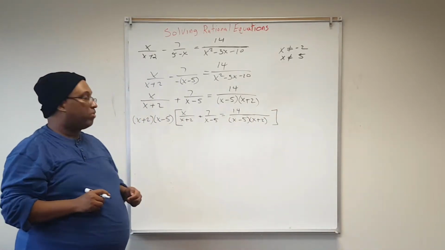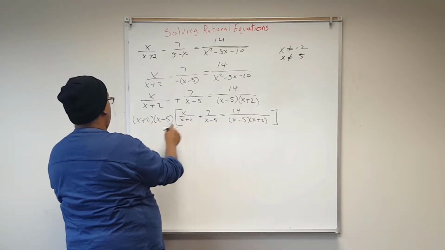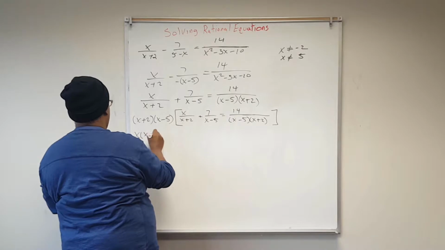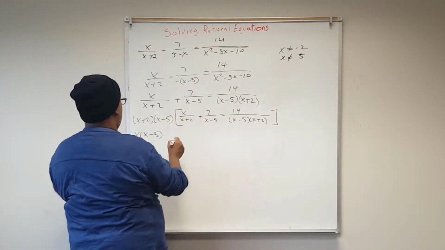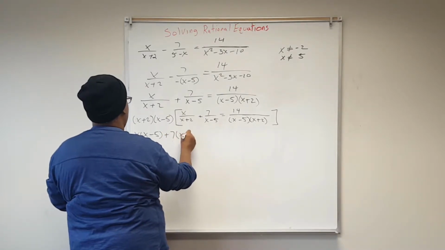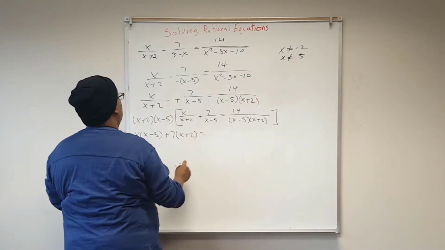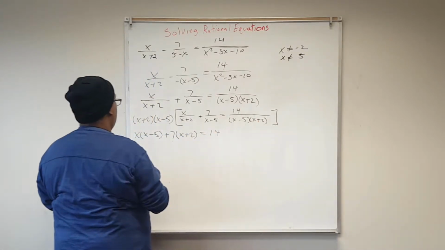Using the distributive property, this cancels with this one, so we have x times x minus 5. This cancels with this one, we get plus 7 times x plus 2 equals 14. These both cancel.